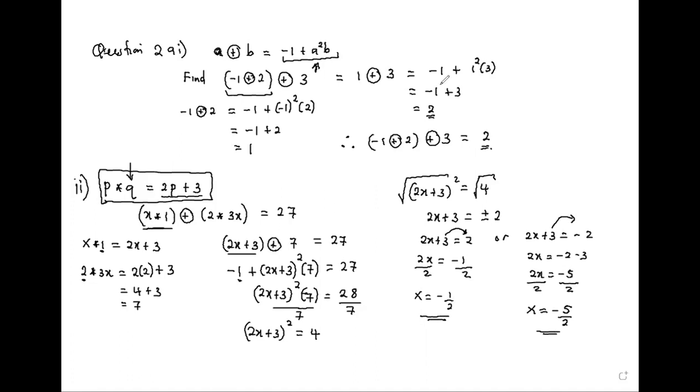So the P star Q is the easiest concept here. P star Q, you only use P. You don't get to use Q. So any placement of P star Q, in the case where we had x star 1, you only use x.